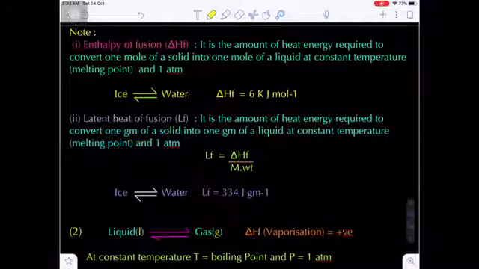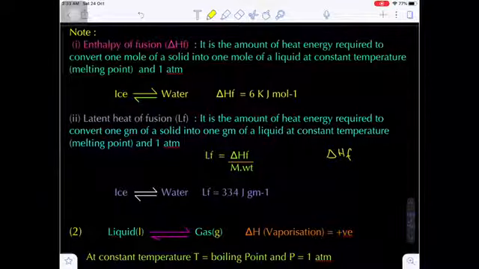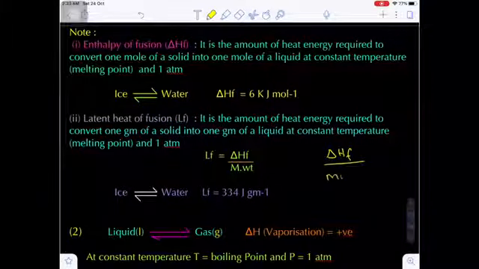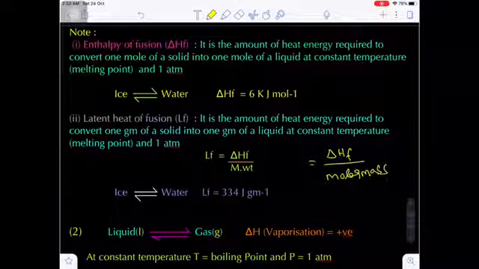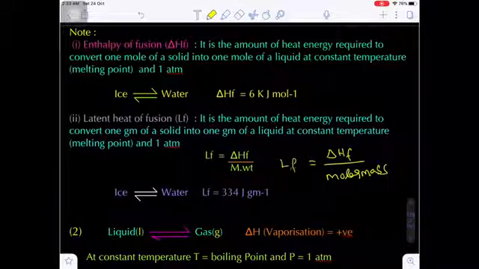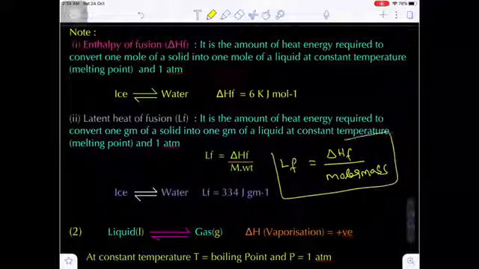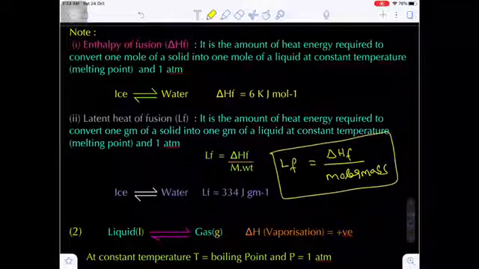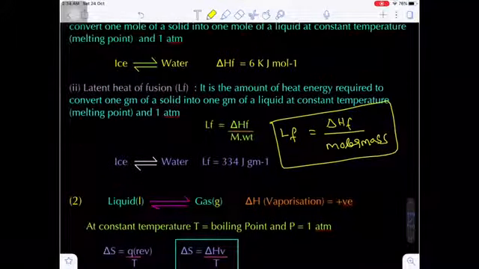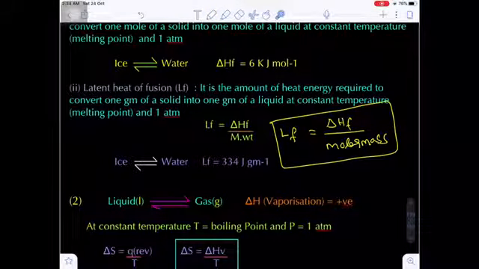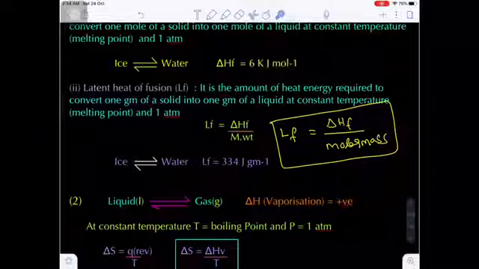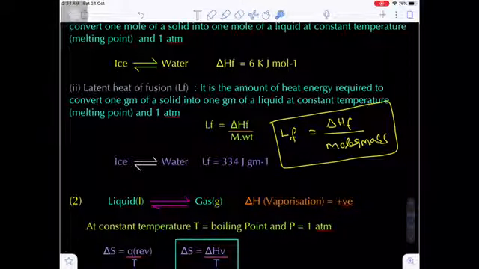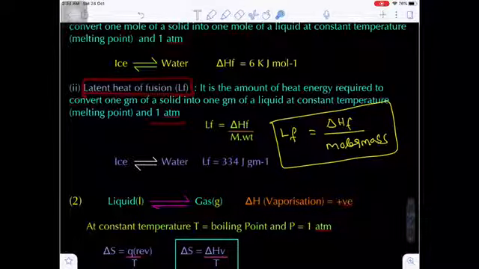That means if you divide the enthalpy of fusion by the molar mass of the substance, then you will get the latent heat of fusion. That means per gram of a substance, at constant temperature, that is the melting point, and atmospheric pressure.